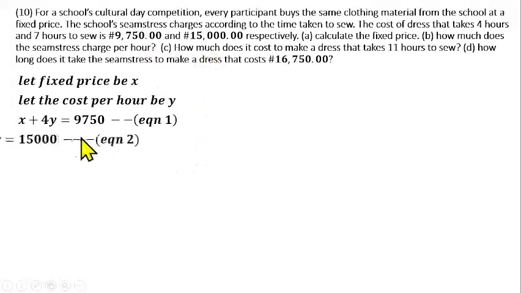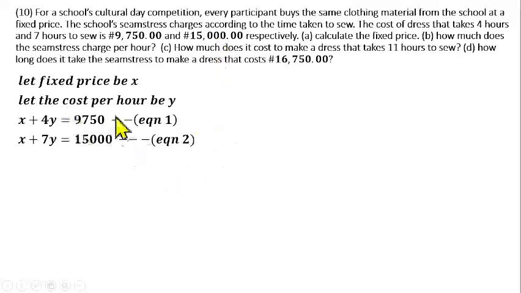Let the cost per hour be y and let the fixed price be x. If you go back to the question, for the first one, the fixed price plus 4, which is the hours, multiplied by the cost per hour will be equal to 9,750. For the second one, we have the fixed price x plus 7 hours multiplied by the cost per hour, which gives us 15,000.